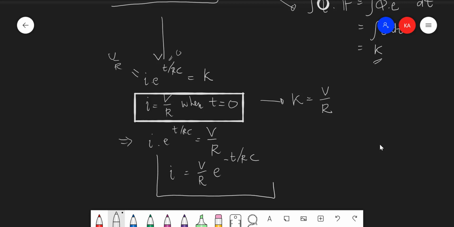So this is the solution of our differential equation.